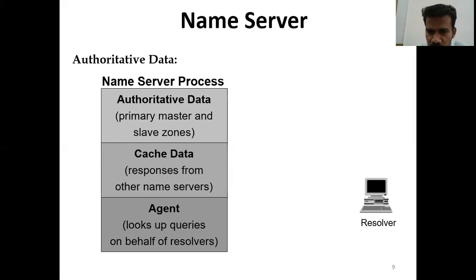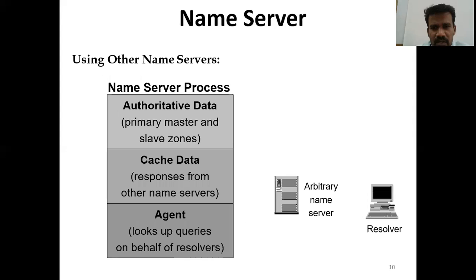So the internet service provider will send a query to an agent. If the ISP itself couldn't find the IP address of a domain name, then it sends a query to an agent, to look for the query on behalf of the resolver. So the authoritative data responds back saying, this is where I got the IP address of this particular thing.